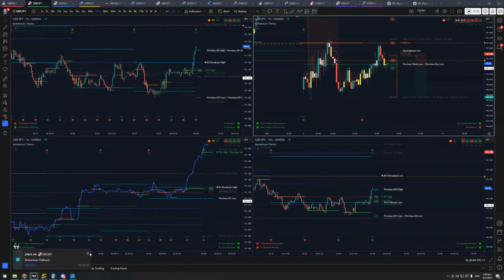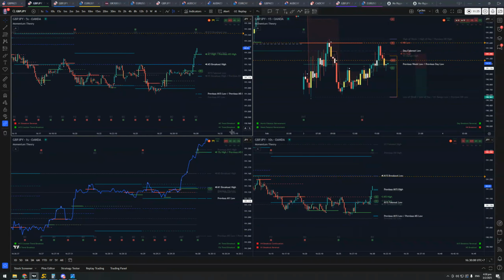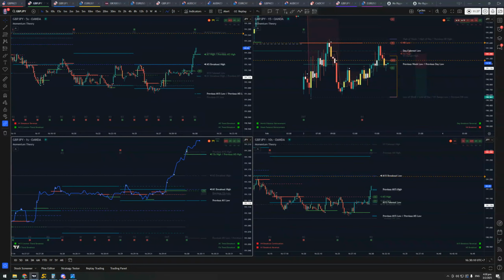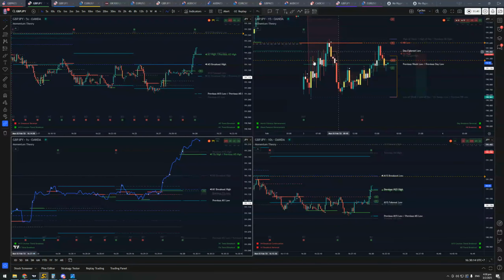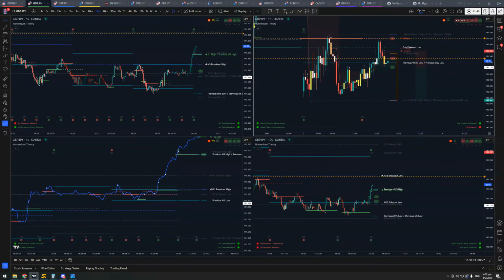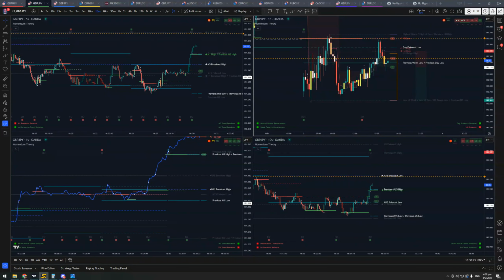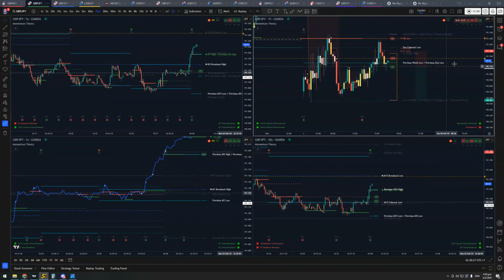Okay, GJ pulled back on the M5, triggered that M5 high. So now I'm going to try to get in at a better price. GBP news right now, the spread is a little bit high, so I'm just going to let this settle down first. Not going to do anything until my spread gets back to normal.